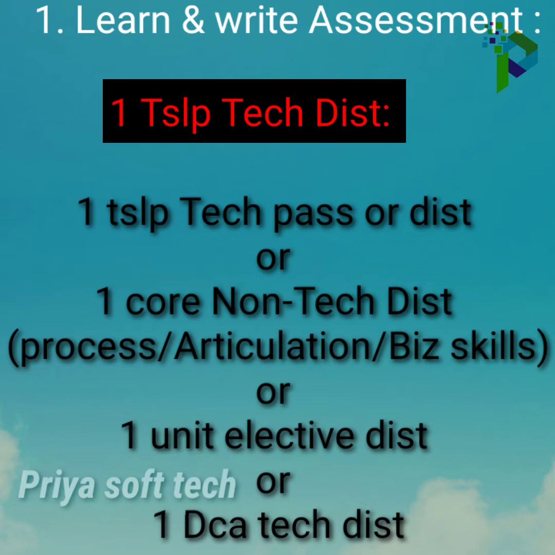Non-tech track means process, articulation, biz skills come under non-tech track. Or one unit elective, it must be distinction, or one DCA tech, you have to get distinction. These are the options of one TSLP tech distinction.